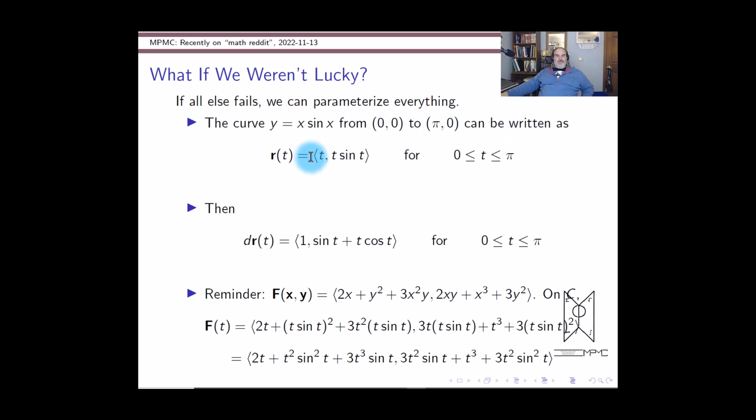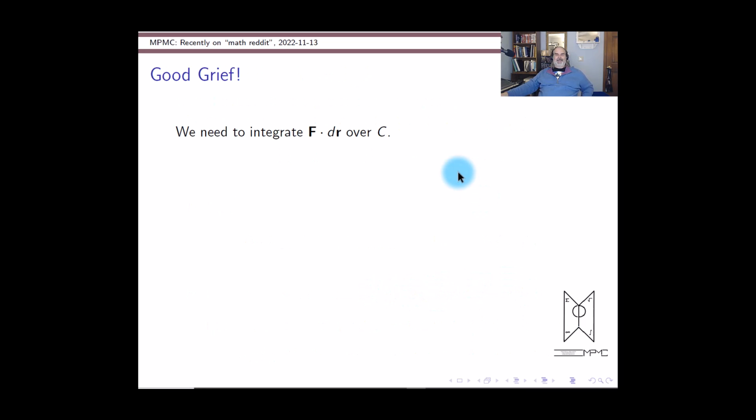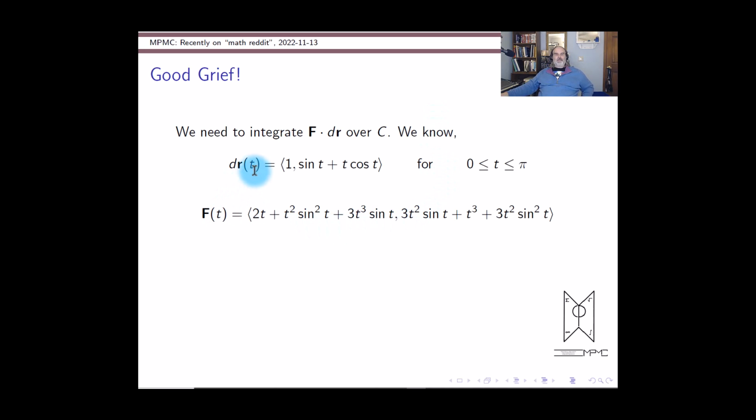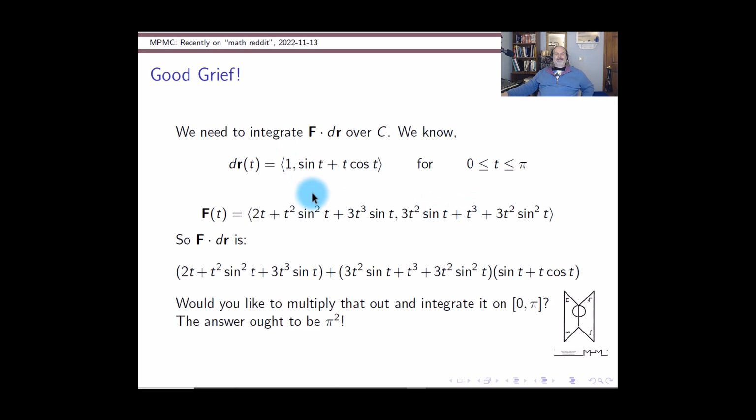But we'd have to take x is t and y equals t sine t and load up every single term in this vector function with its parametric representation. And then we would have to do the dot product of f dot dr with all of this garbage, and then integrate that from 0 to pi.